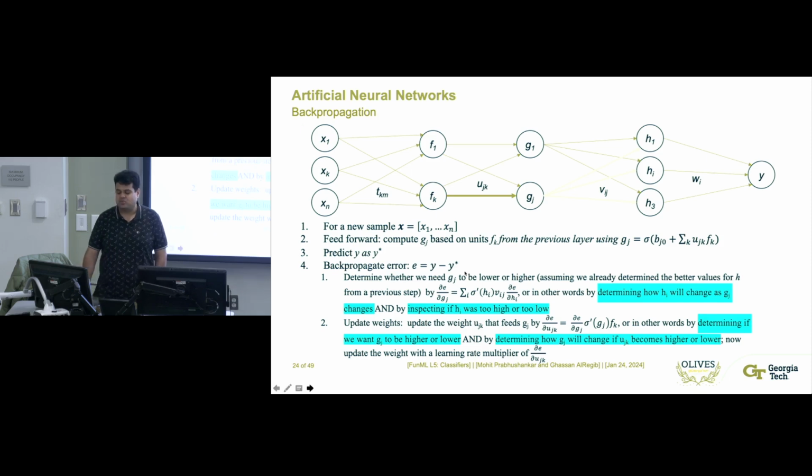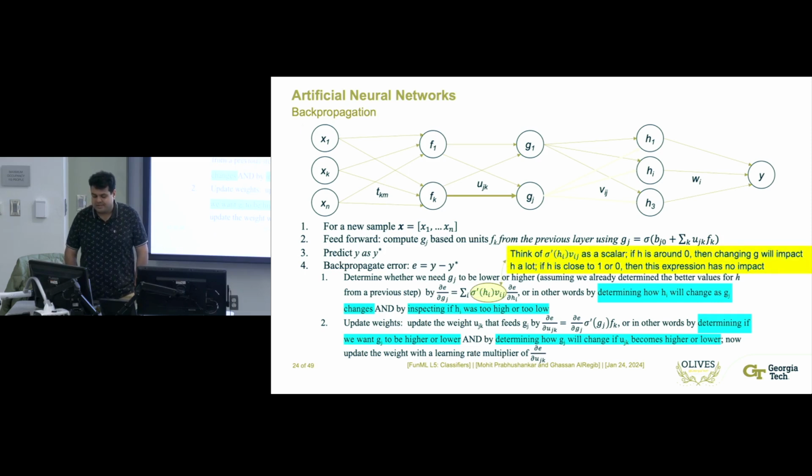So we need to determine whether these nodes are giving you good results, and if they're not, then we need to update the weights. In this case, we are looking at this layer, so we need to update ujk based on some function. Since we'll be using gradient descent, it's based on this dou E by dou G, or dou E by dou E.